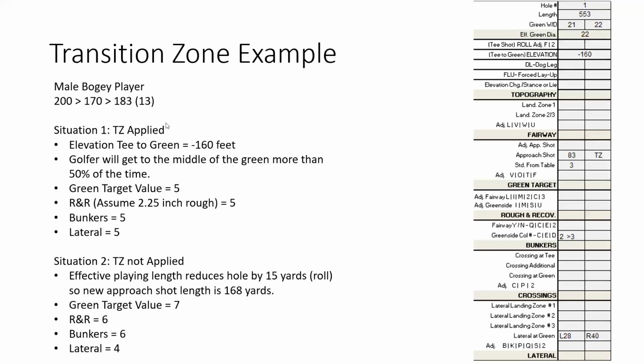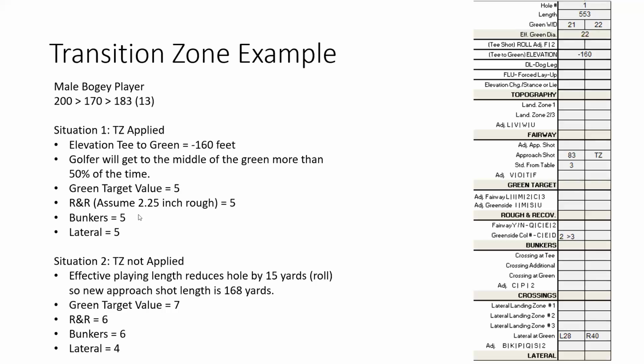For our bunker, we use that green target value of 5, and we are in column 2 for our bunker. Those of you that are familiar with this, it's our column here on the sheet. And then it's greater than 3, so we have a +1 adjustment. That takes us from a 4 to a 5.